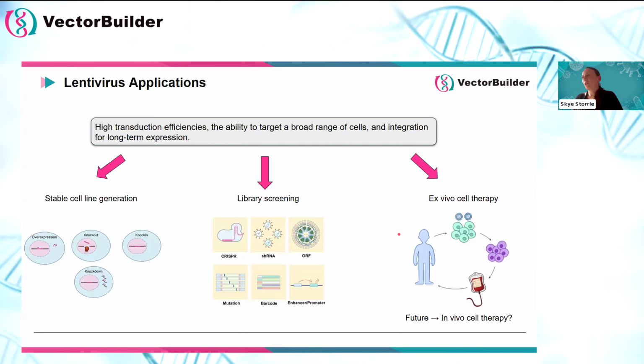So, for example, CAR T, where you modify patient T cells with lentivirus so that they express the CAR receptor and then they can specifically target cancer cells. And although at the moment it's not quite there yet due to targeting and safety concerns, the future of in vivo cell therapy does look quite bright for lentivirus. There are lots of preclinical trials ongoing at the moment to overcome these major obstacles.